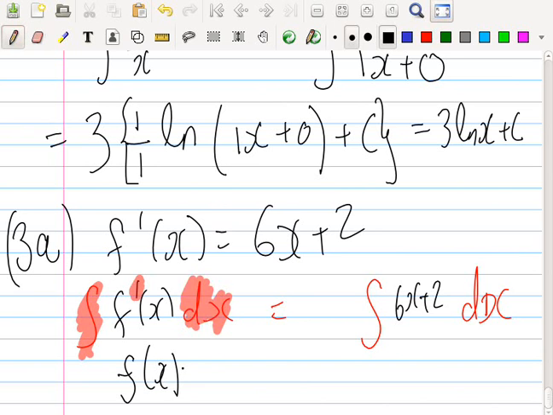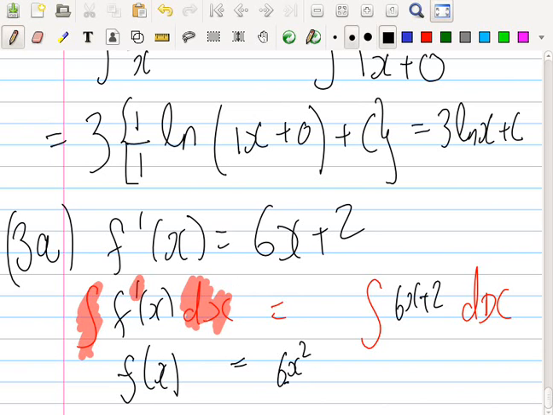Give me an example of two things that cancel each other in maths. Log x and e^x. x squared and square root x. Multiplying by 2 and dividing by 2. Derivative and antiderivative cancel.